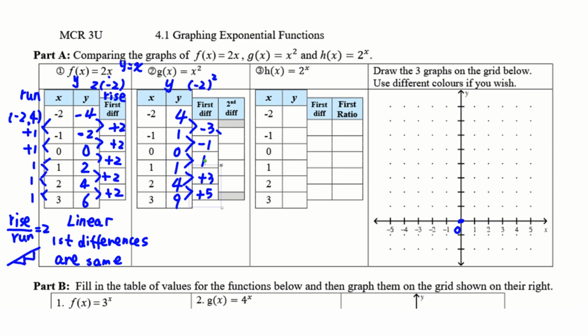Then we want to find the difference of the first differences. The difference means subtraction, so it's minus. -3 to -1 is up 2, -1 to 1 up 2, 1 to 3 up 2, 3 to 5 up 2.